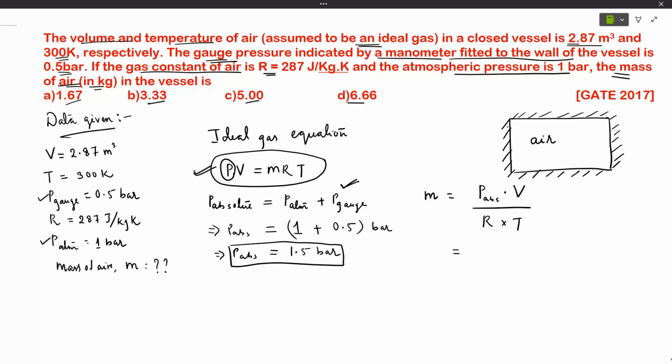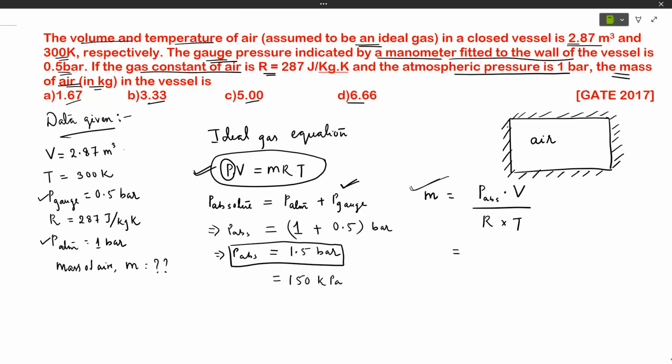But before substituting, we have to convert all the units in the same manner. So we consider P absolute to be 150 kilopascal; 1.5 bar equals 150 kilopascal.